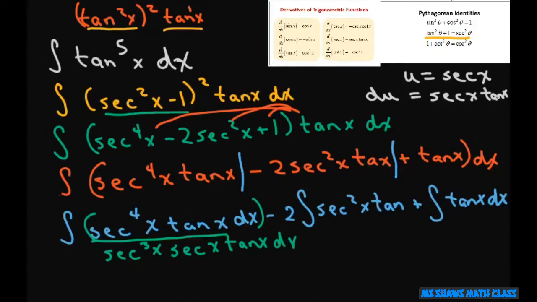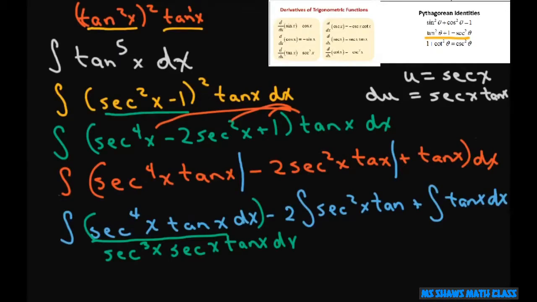So I'm going to write it out again. My U-substitution is u equals secant x. And so therefore the derivative of u equals secant x tan x dx.